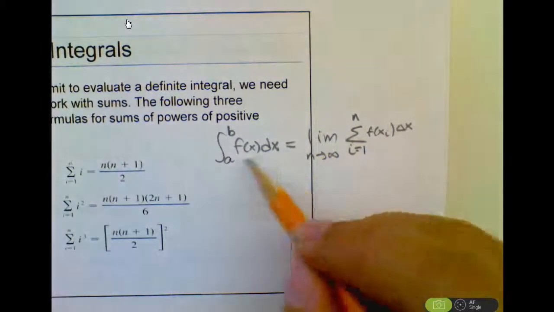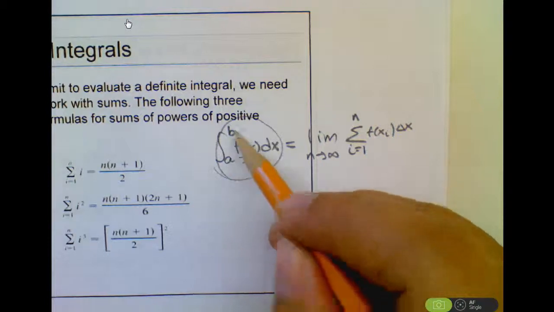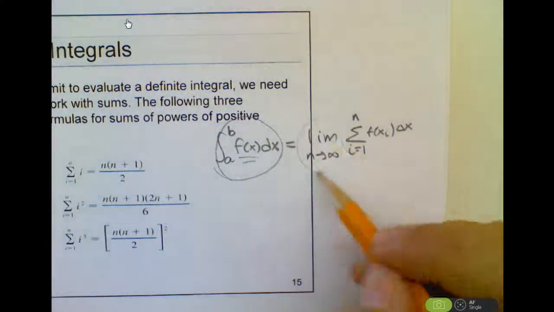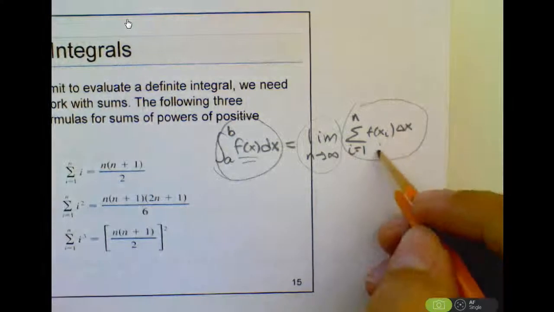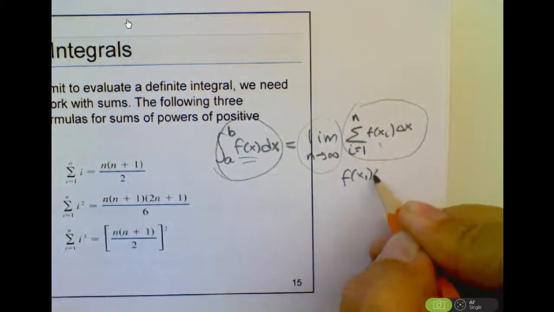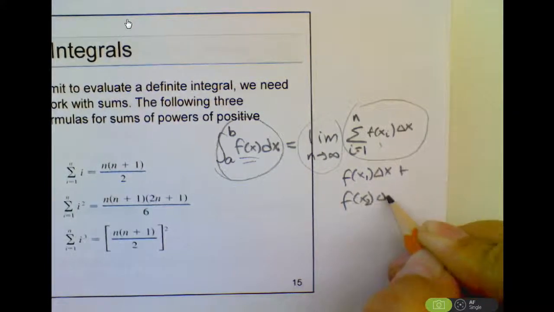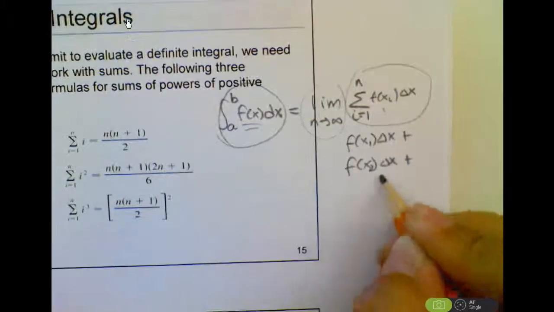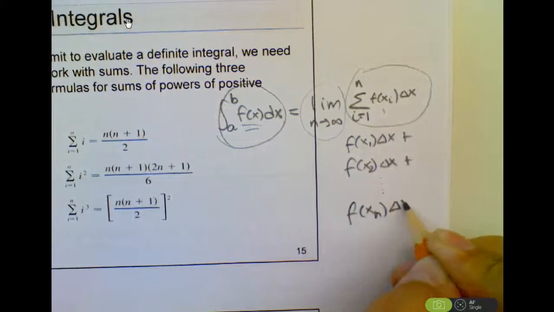Sometimes we will be able to find the integral of this function between a and b by finding the limit of this expression. Now this expression, remember, was the short way of writing f of x sub 1 delta x plus f of x sub 2 times delta x, and so forth, all the way to f of x sub n times delta x.